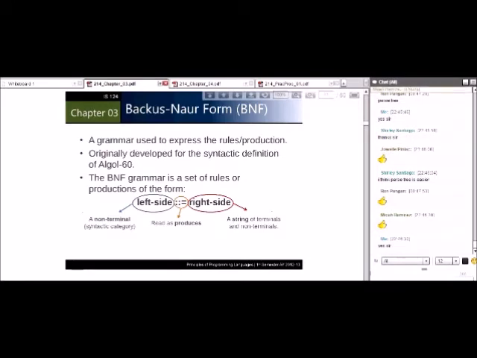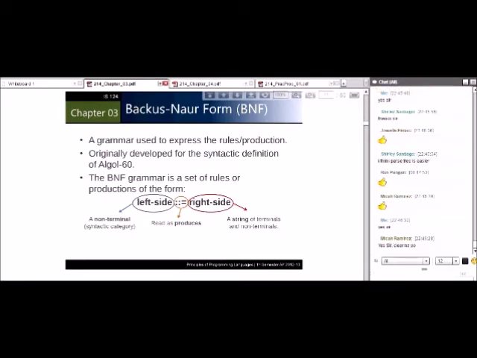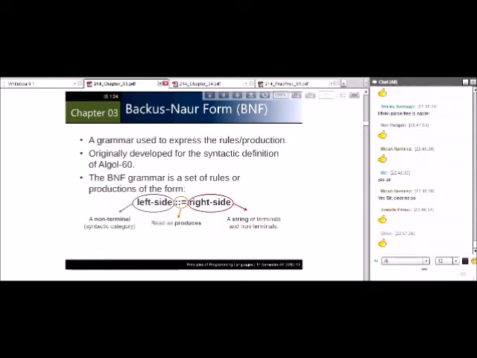So parse tree. And then, to write the grammar rules, we actually use BNF. This is what it looks like. The left side is followed by two colons and an equal sign, and then the right-hand side, which can be composed of terminals and non-terminals. Also remember that the left side is always a non-terminal. You can't find a terminal on the left side.